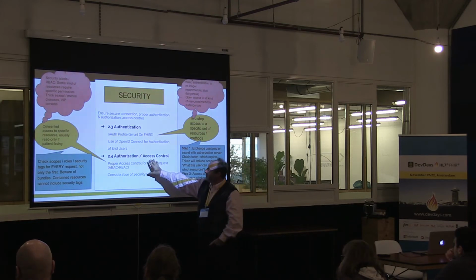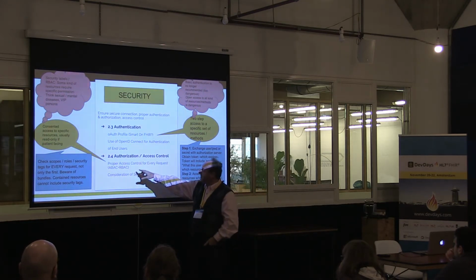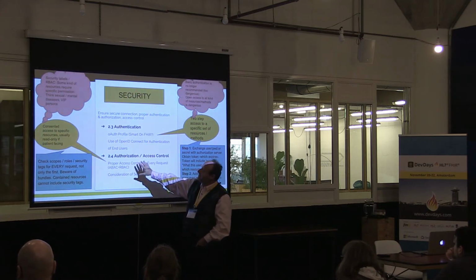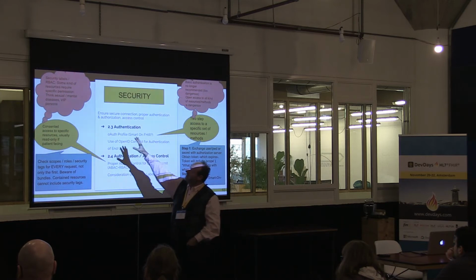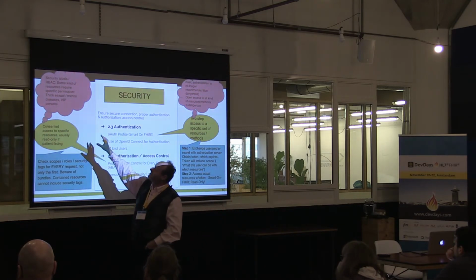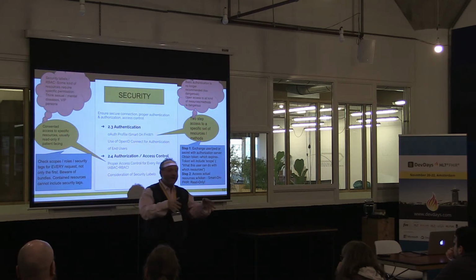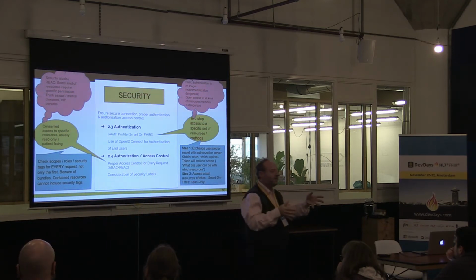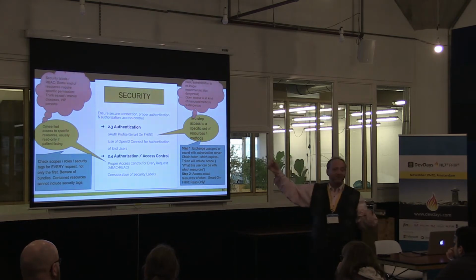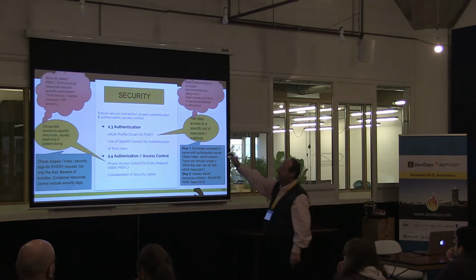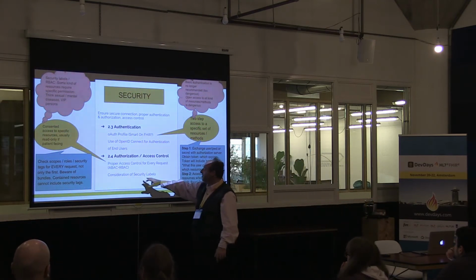The other part is something called role-based access. And role-based access is that some kind of resources require specific permissions. For instance, I can see clinical information about the patient, but I cannot see sexual information. And that is, you get to that type of level of granularity using security labels.